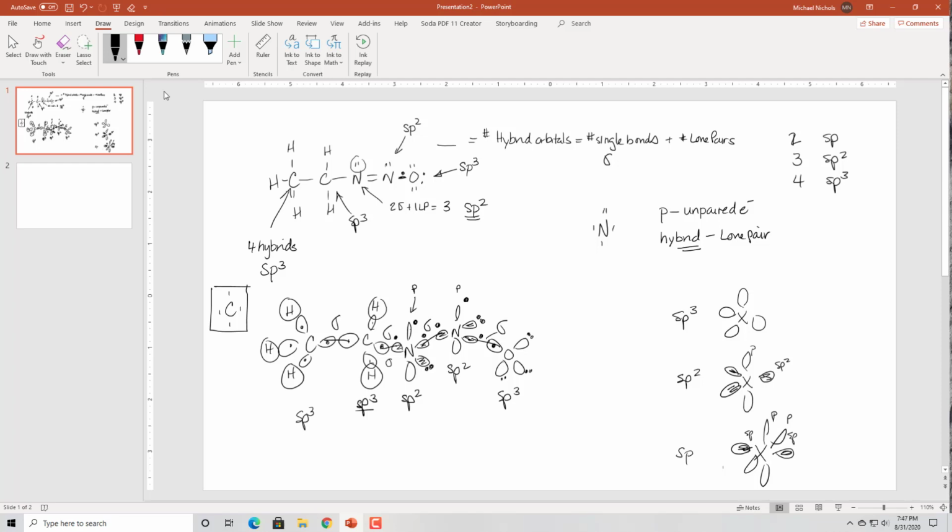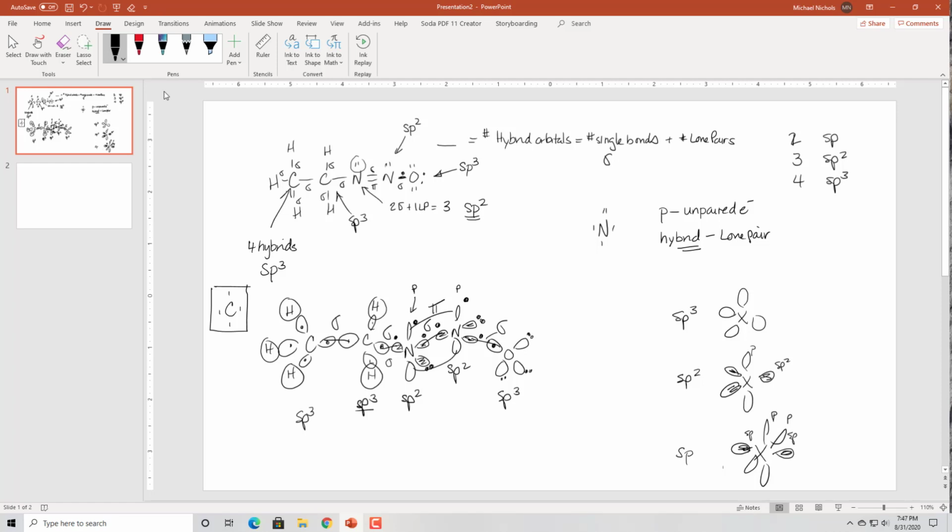The only thing left is the sideways overlap, the 1 electrons in the p orbitals, that would form the pi. So again, this is your pi bond, and then everything else is a sigma bond, including the carbon-hydrogen sigma bonds.